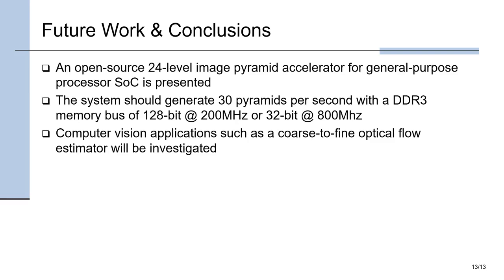So far, a coarse-to-fine approach based on the optical flow equation is considered one of the best techniques for motion analysis of an image sequence. So in the future, we will design a complete system that adopts the proposed image pyramid generator for optical flow estimation applications.